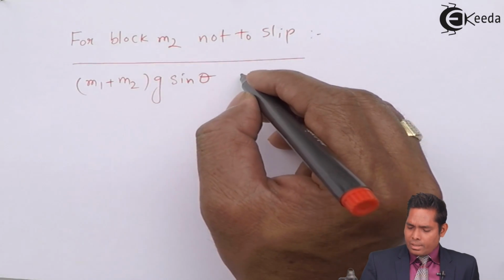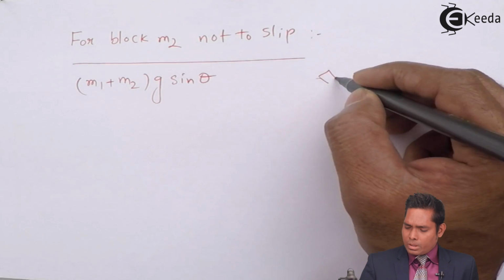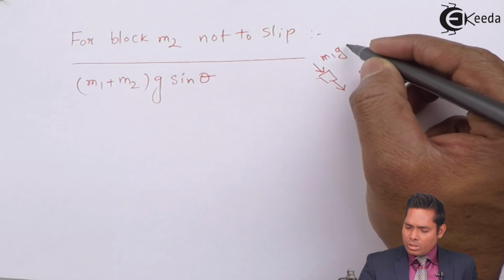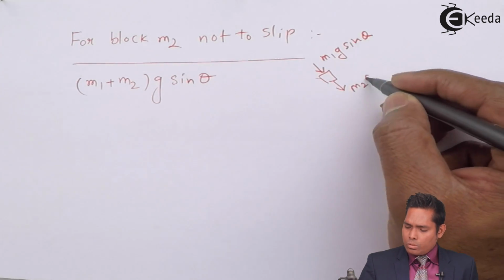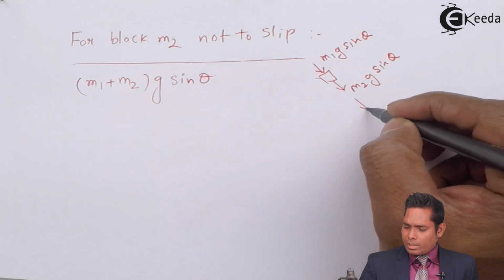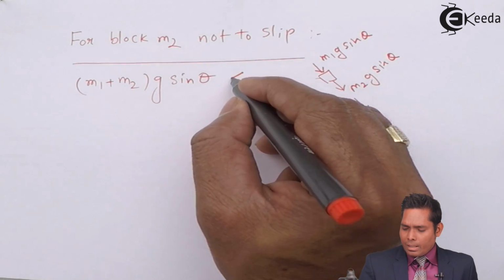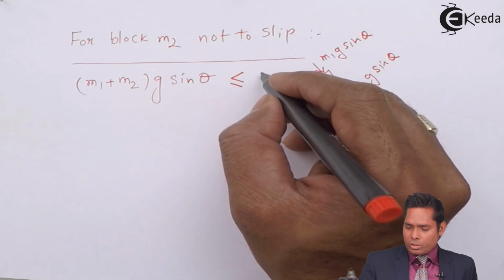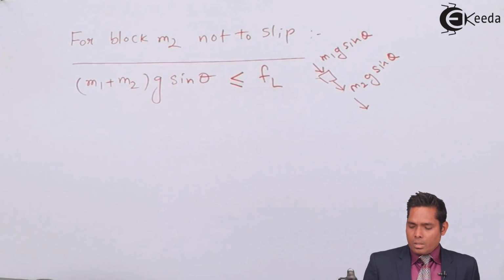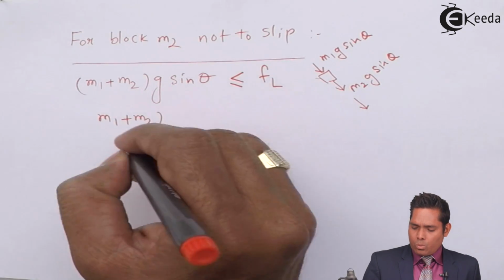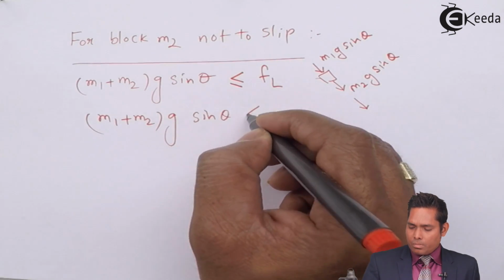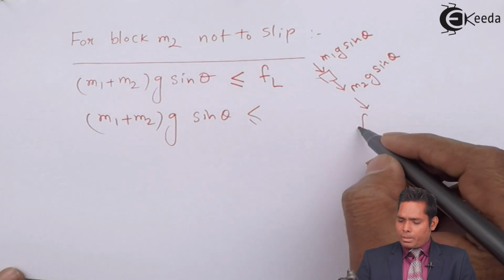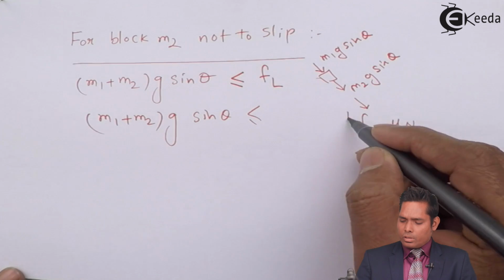These two forces are acting in that direction, so this block M2 is actually subjected to this force and this force, because this is frictionless. So M1g sine theta as well as M2g sine theta both will act in this direction, and the sum of this should be less than or equal to the limiting friction. That means (M1 plus M2) g sine theta must be less than or equal to the limiting force of friction, because we know that limiting force of friction is mu s into N. This is how we find that.